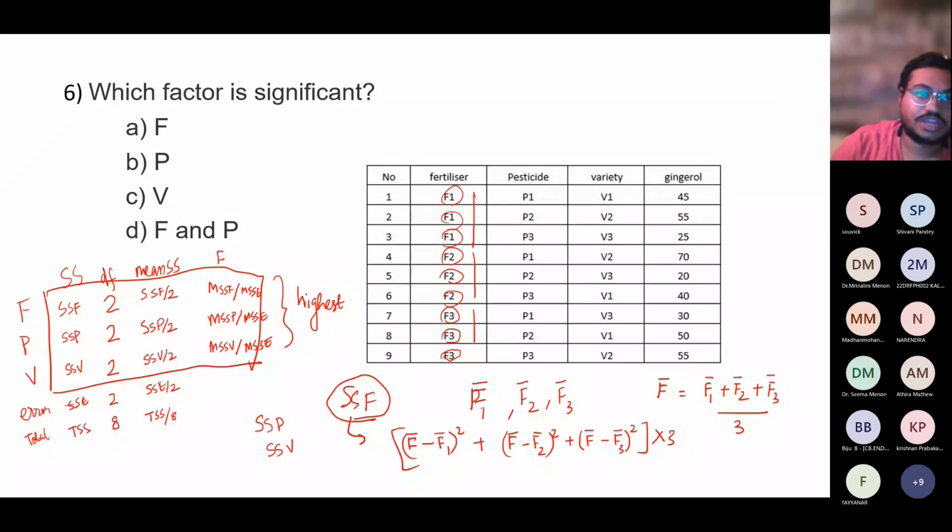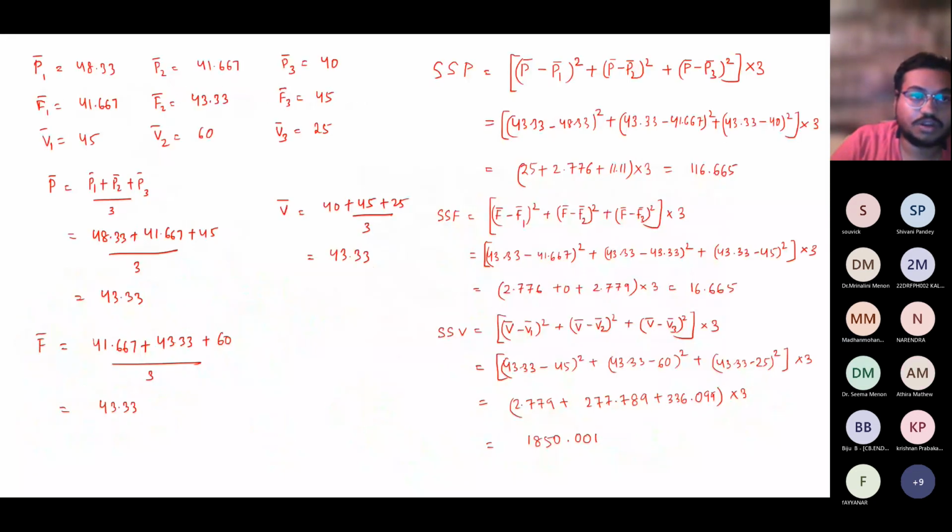As mentioned earlier, we calculate all the average values for pesticide treatments 1, 2, 3. We get these values: 48.3, 41.6, and 40. We calculate the average for all the fertilizer treatments and we get the values 41.6, 43.3, and 45.